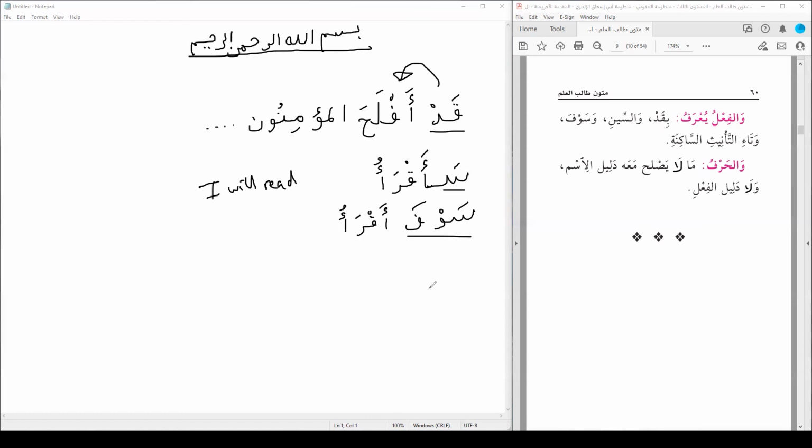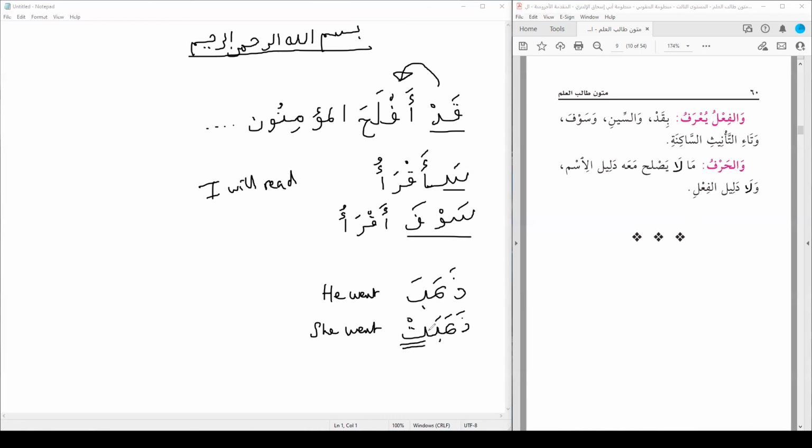The ta' ta'nith as-sakina is found in the past tense fi'lu madin, the past tense verb. We'll come to learn a bit more about the past tense verb later on in this book. But for example, if I say dhahaba, dhahaba means he went. How do I make the word dhahaba into she went? I add a ta' ta'nith as-sakina. So it becomes dhahabat.